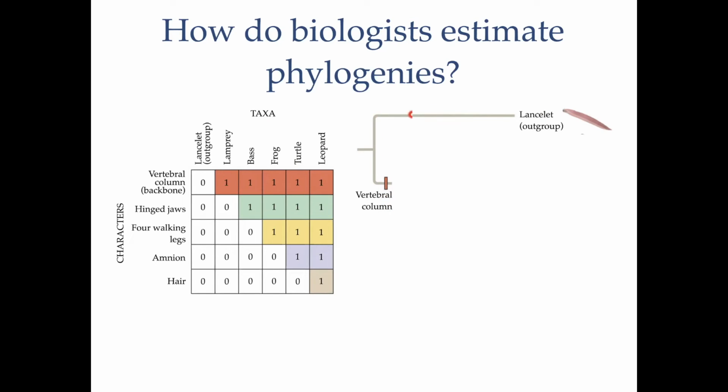So the vertebral column was not present in the lancelet, but was present in everyone else: the lamprey, bass, frog, turtle, and leopard. So it appeared very early here in this divergence, right after our in-group diverged from the ancestral lineage.